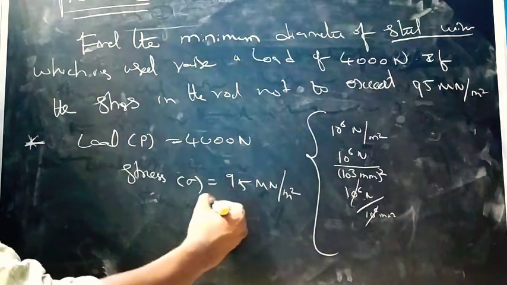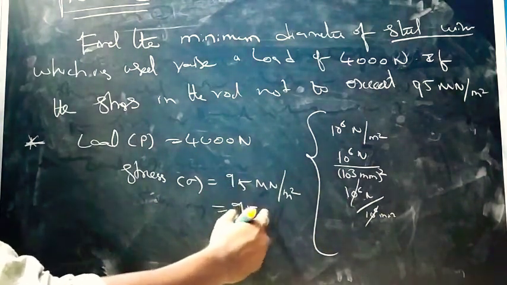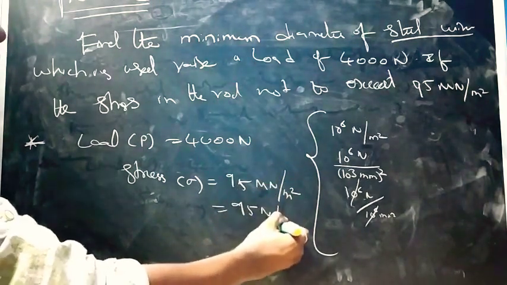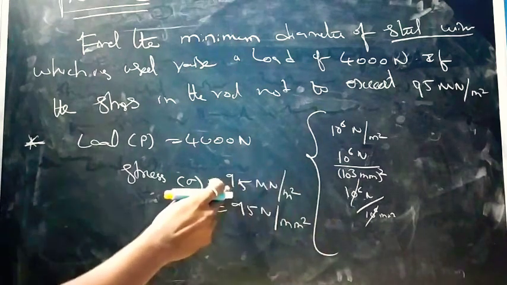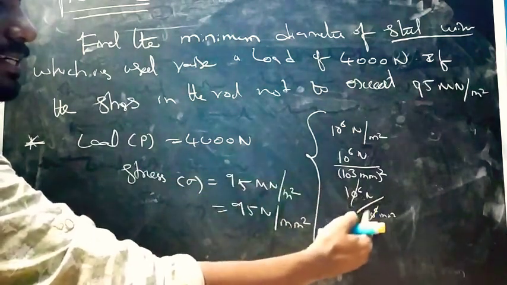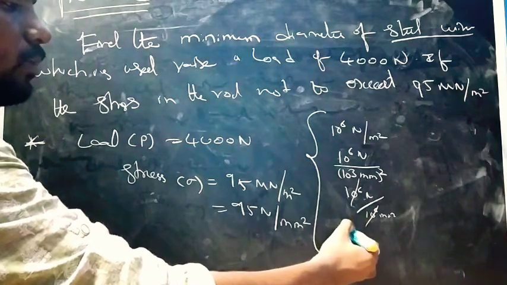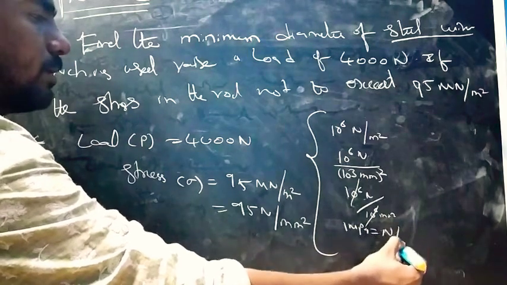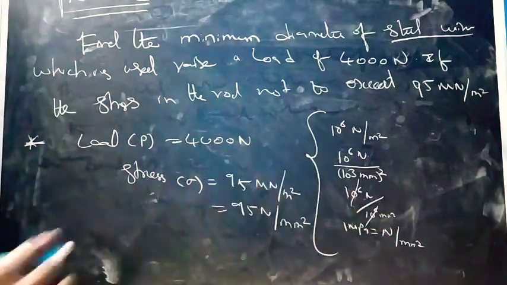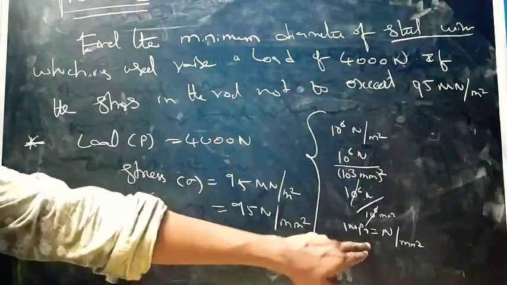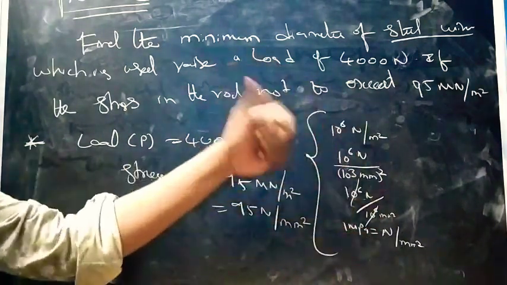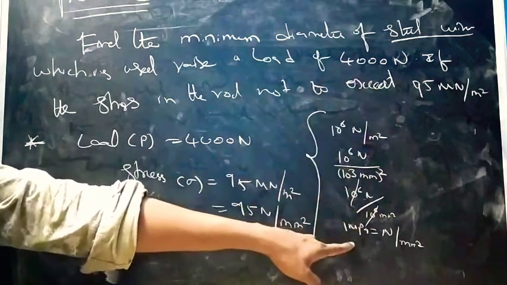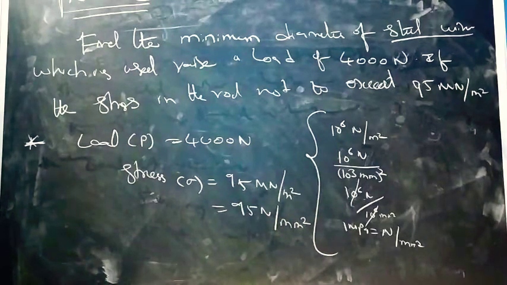So 95 meganewton per meter square is nothing but 95 Newton per mm square. There is no change because it gets cancelled. That means 1 megapascal equals 1 Newton per mm square. If you didn't get the concept, please go back to my lecture number 2 and see what all the units used in strength of materials are.